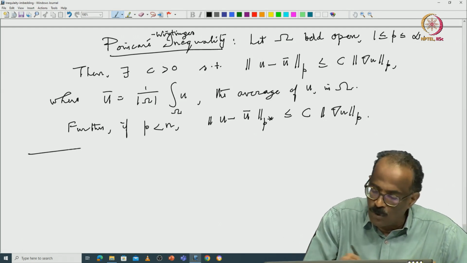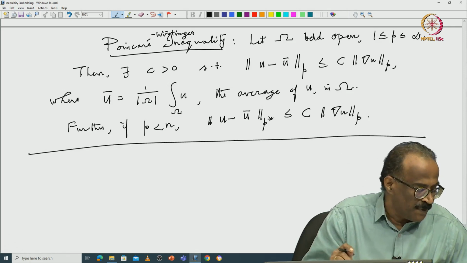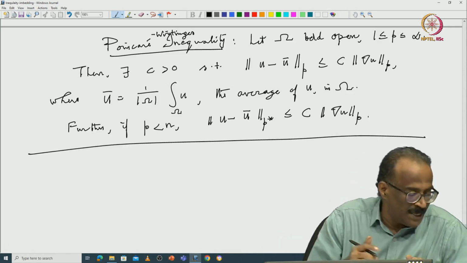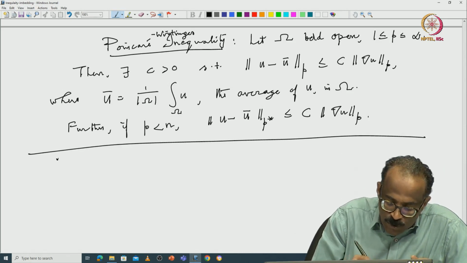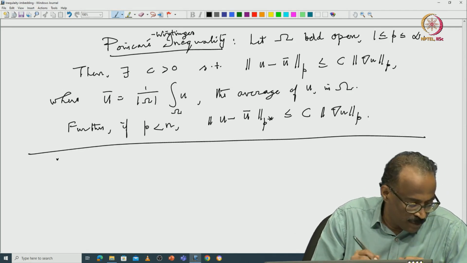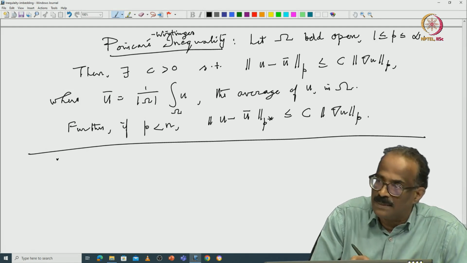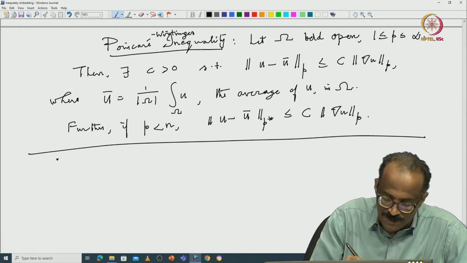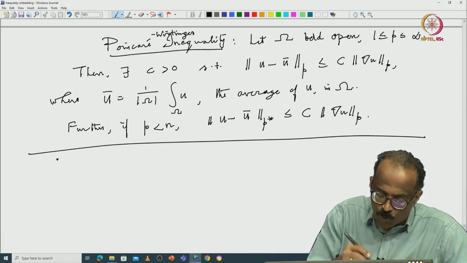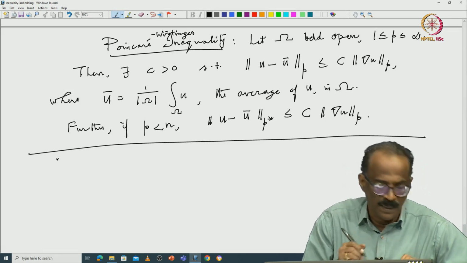So, this theorem will be a corollary to a general theorem, which is what we are going to see. I do not know whether I can prove the result, I may not have the time. So let us see first. You can read the proof from the book, that would be good.